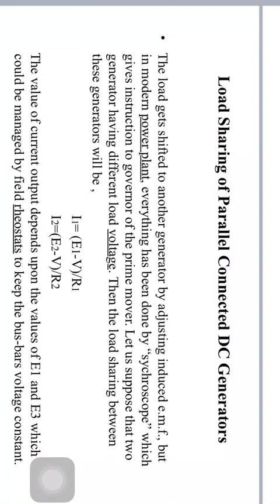Now let us see the load sharing. In the previous case we have seen the entire load is shifted from generator 1 to generator 2. Now we will see the load sharing of two generators.